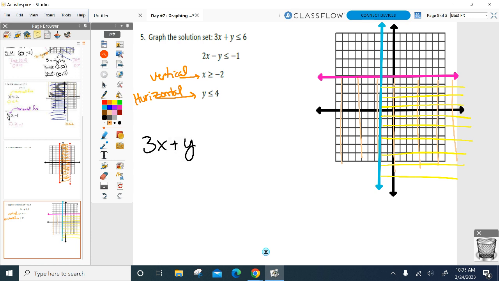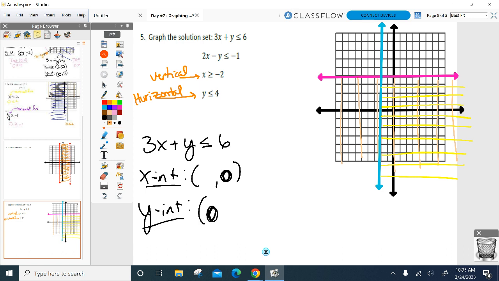3x plus y less than or equal to 6. We've got to do our intercepts again. Let's see, my x-intercept, which should be 2, and my y-intercept should be 6.